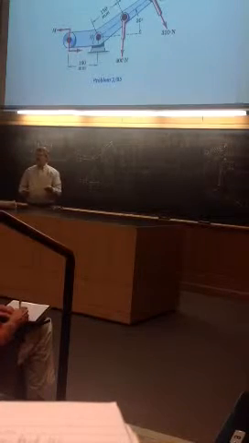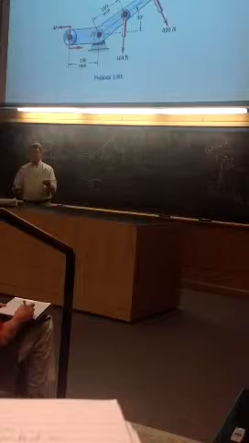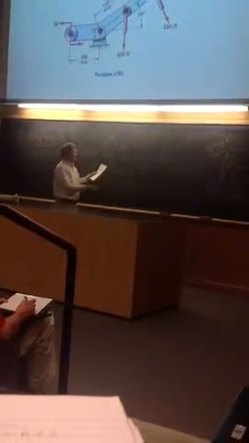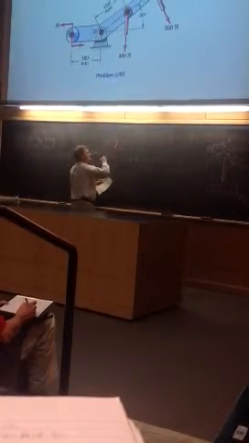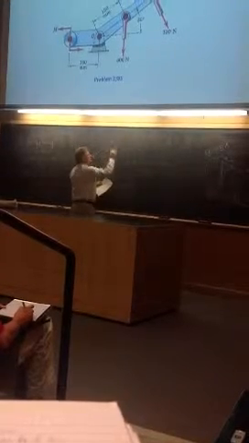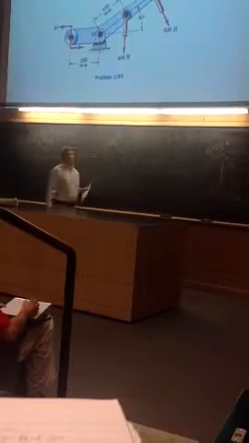Now I could find the x and y components of that 320 Newton force and take the moments of each component separately. But in fact, I'm told that this angle is 60 degrees, and that angle was given as 30 degrees, so that makes this force perpendicular to the arm.